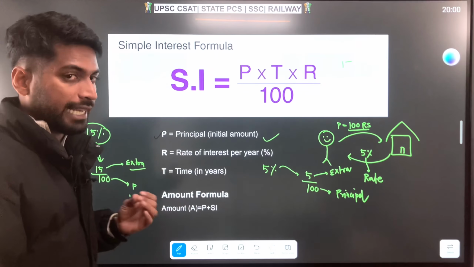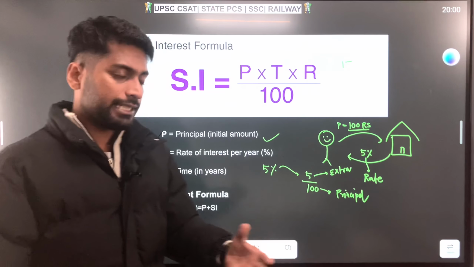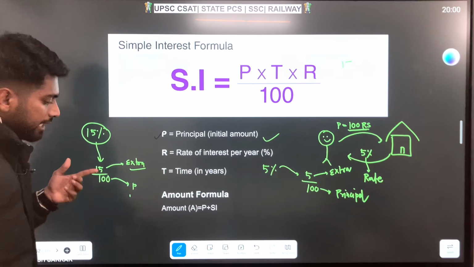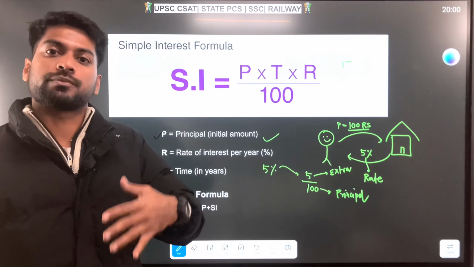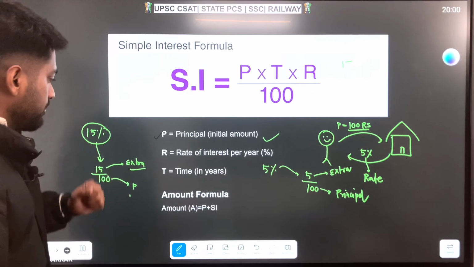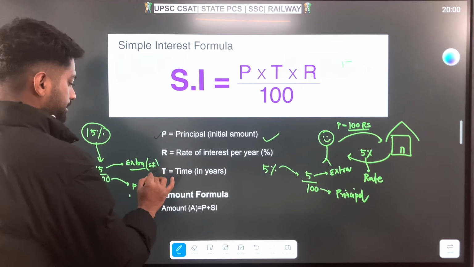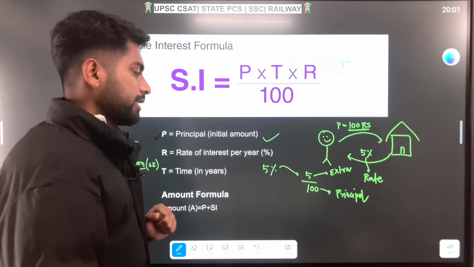It will be written 5% annually, or you can see 5% monthly, that depends. But if it's written 15% annually, it means if you are taking 100 rupees from somewhere, you have to pay 15 rupees extra, and that extra is your SI, simple interest, extra money. Understood?